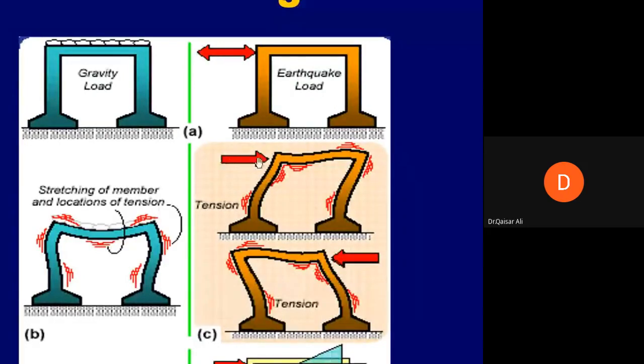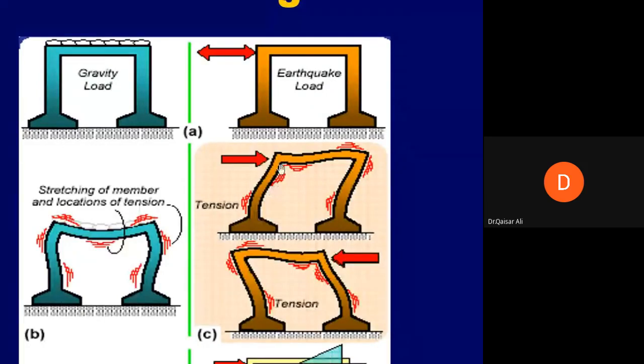By calculating base shear and then the story forces, we apply these forces at the story levels. When these forces are applied, the deformed shape of the frame will be like this. You can see the deformed shape.